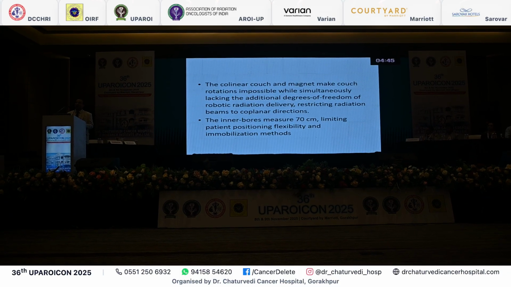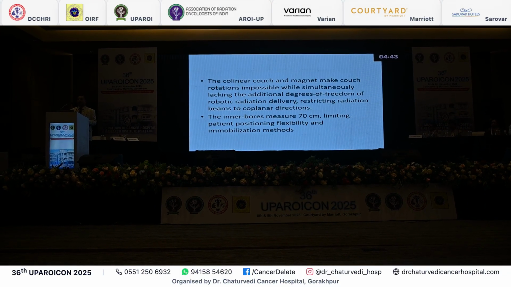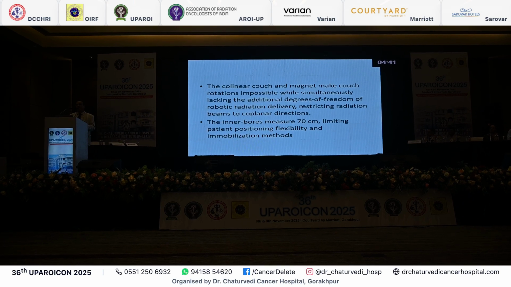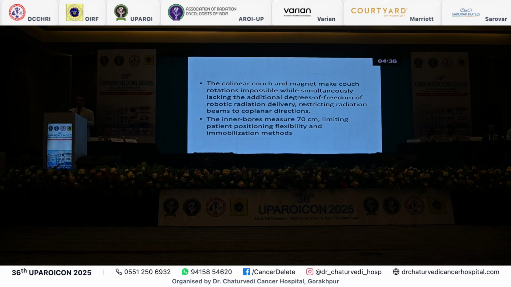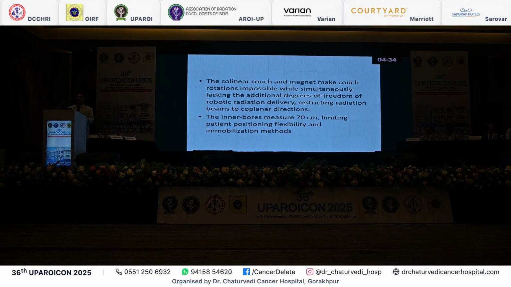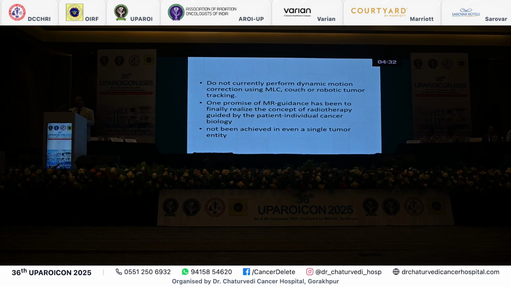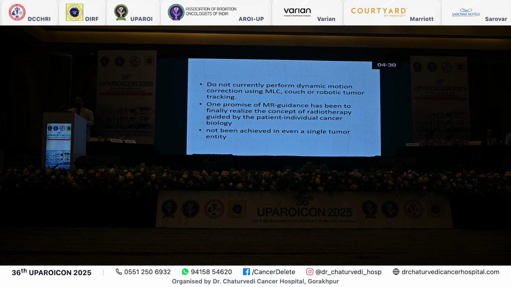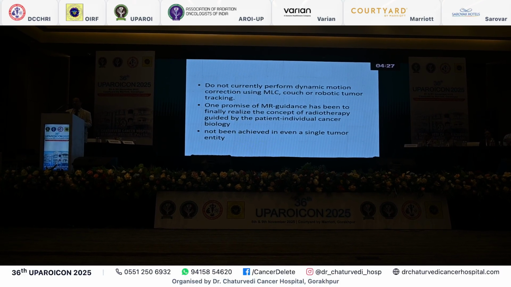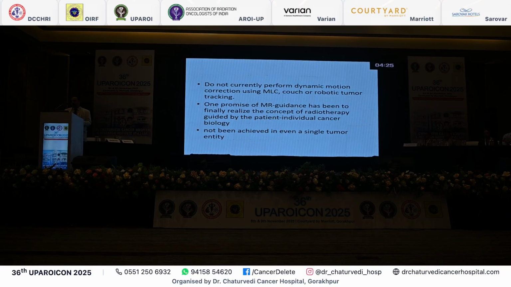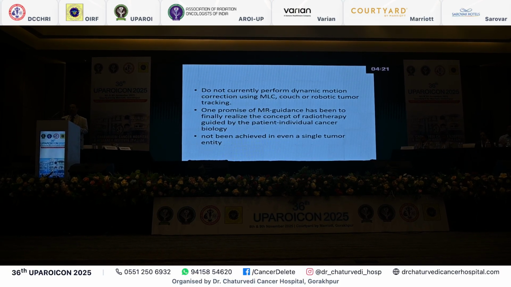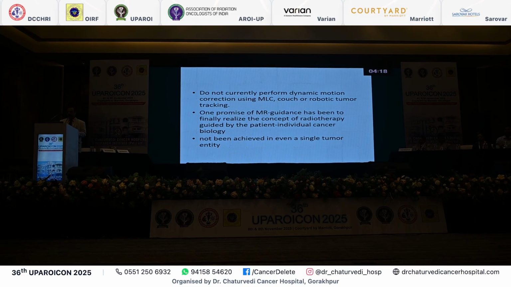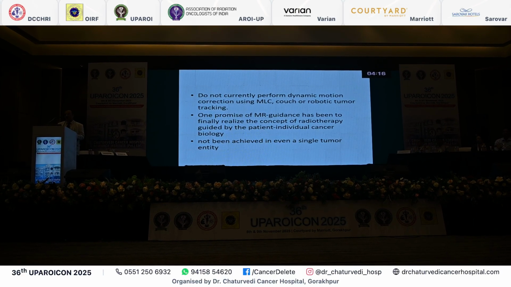We can't do non-coplanar treatment because of the arrangement of the MRI integrated into the Linac. The inner bore is usually 70 cm, which restricts us with the use of immobilizing devices. And they do not currently perform dynamic motion correction using MLC, gantry or robotic tumor tracking. One big promise was individual cancer biology, but to date it has not been achieved in even a single tumor entity.